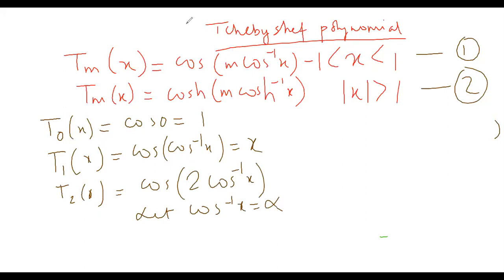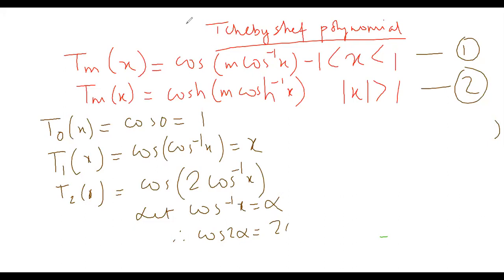So therefore cos of 2 alpha, that means T2(x) equals cos of 2 cos inverse x. So in place of cos inverse x, let us write alpha. So you are getting cos of 2 alpha.